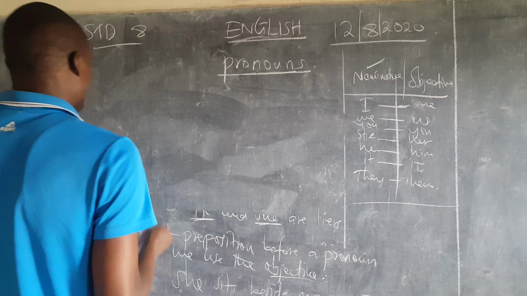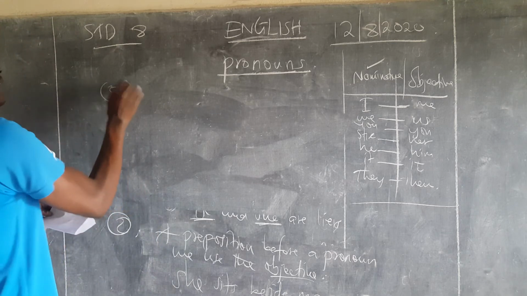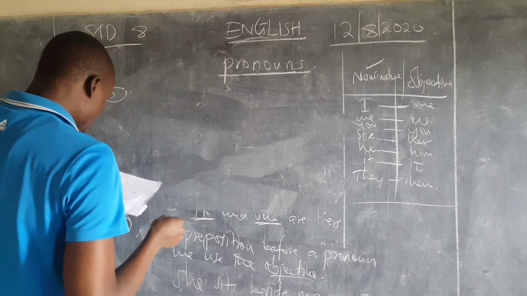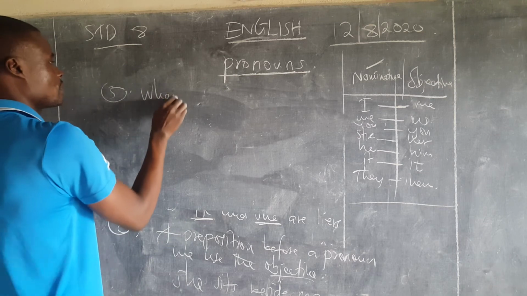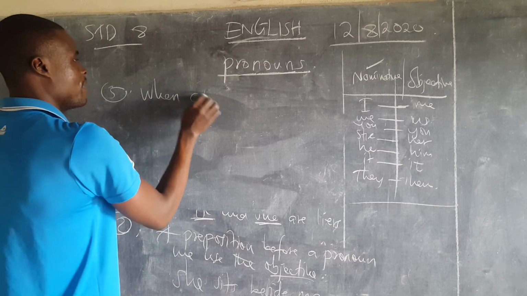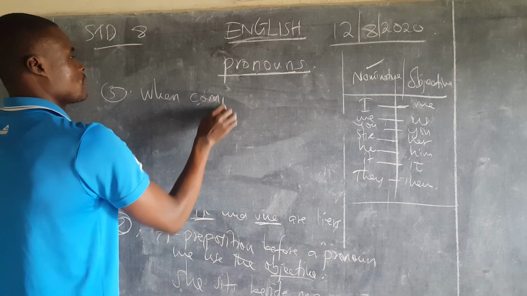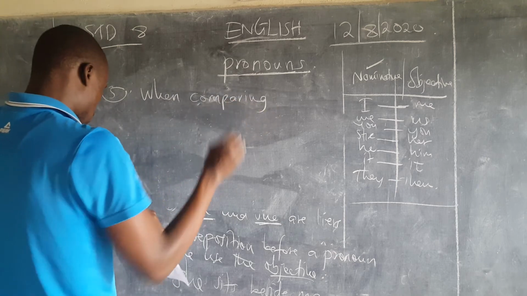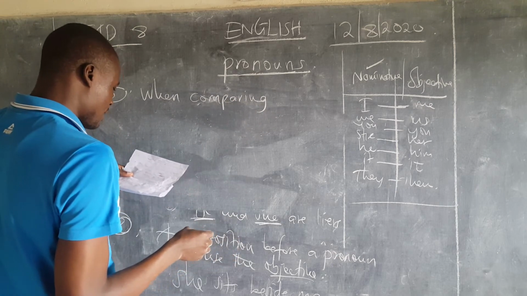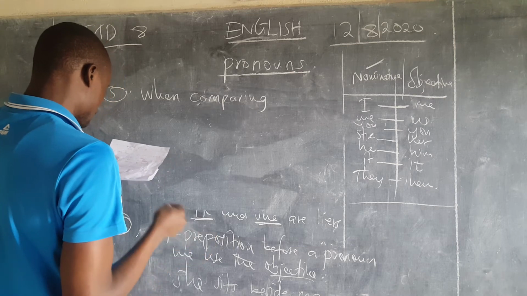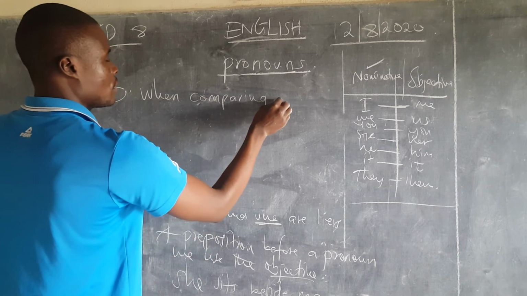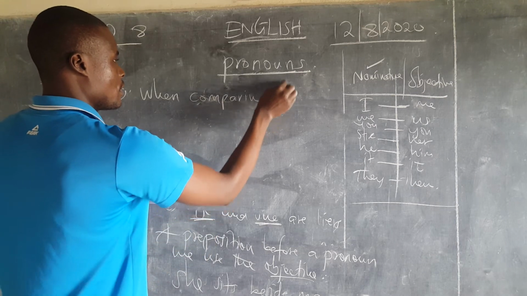Then the last one, there are normally three. The last one is when comparing, using than.